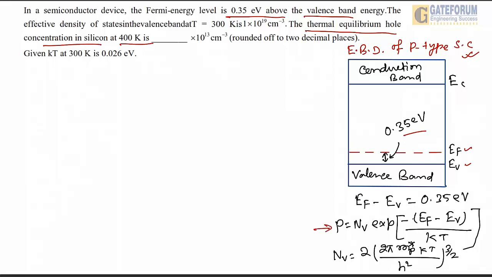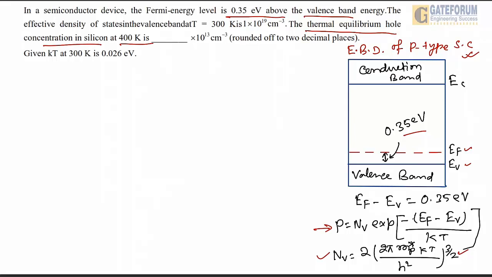And we know how to find the concentration of holes in terms of energy level. It is given as p is equal to Nv exponential of minus EF minus EV by kT. And this Nv is called the effective density of states in the valence band, and it is given as Nv equal to 2 into 2 pi mp star kT by h square whole power 3 by 2. Here mp star is the effective mass of holes, k is the Boltzmann constant, T is the temperature in degree Kelvin, h is Planck's constant.